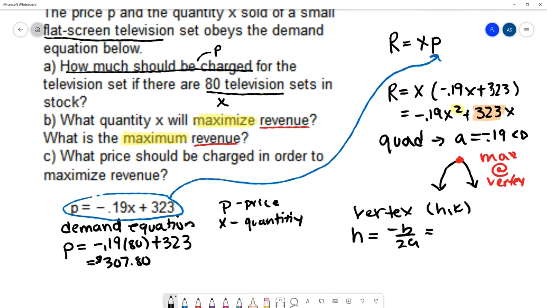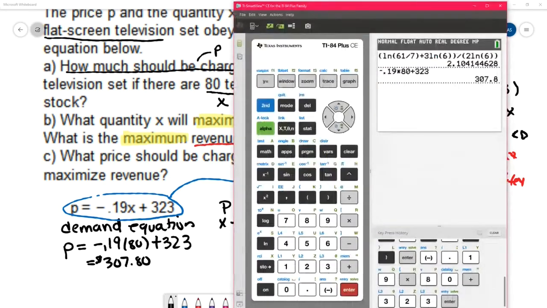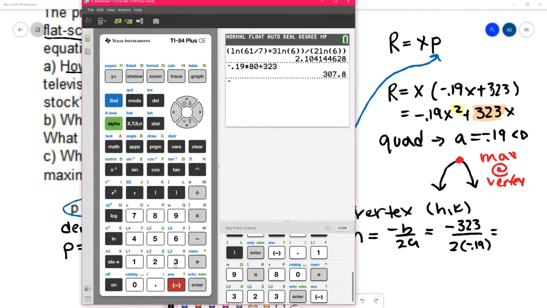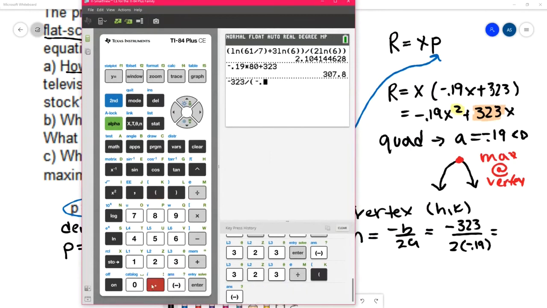So we have negative 323 over 2 times negative 0.19. Let's put that in our calculator. We have negative 323 over 2 times negative 0.19, and we get 850.